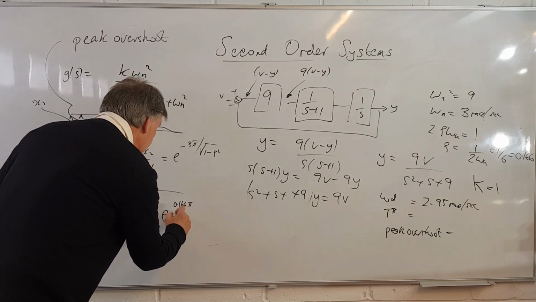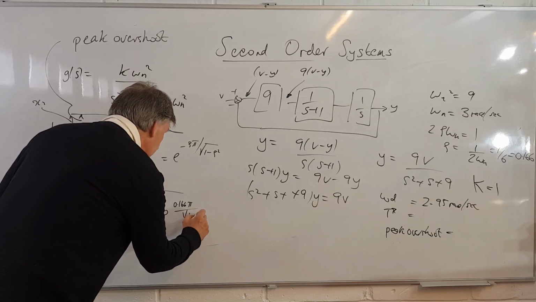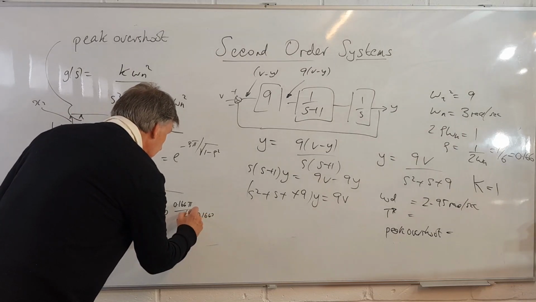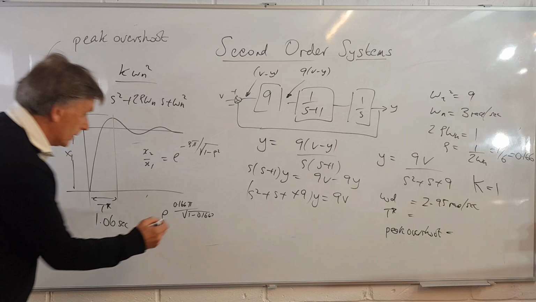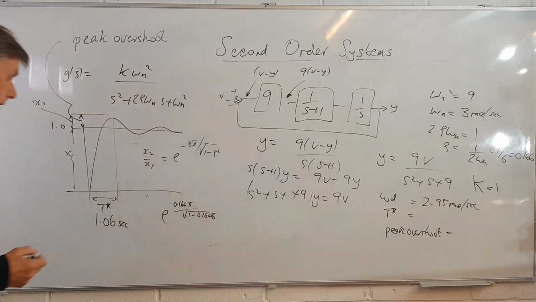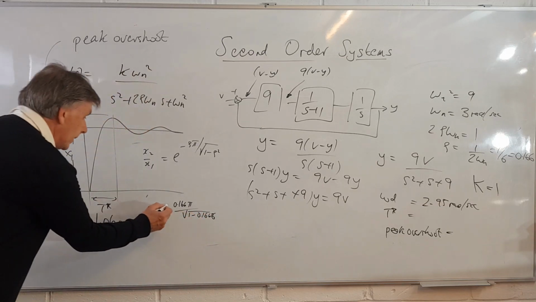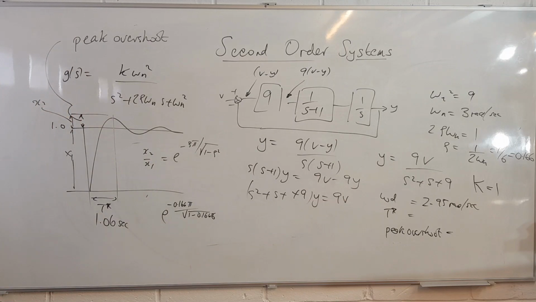0.166 times pi over the square root of 1 minus 0.166 squared. So we'd have to compute that using a minus sign in there. We have to compute that using a calculator, and this one comes out as 0.585.